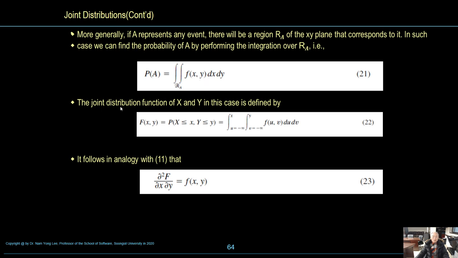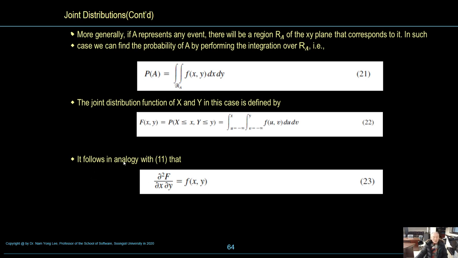The joint distribution function of X and Y in this case is defined by F(x, y) = P(X ≤ x, Y ≤ y), equal to the double integral of f(u, v) du dv.